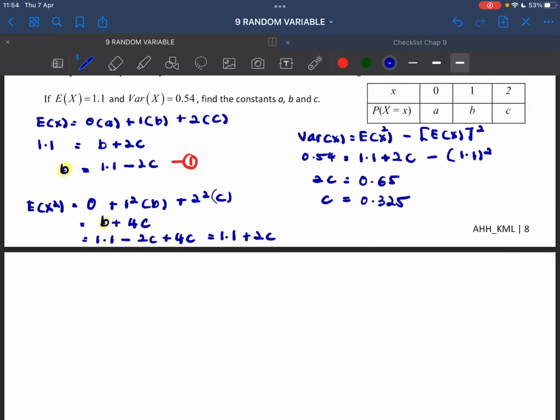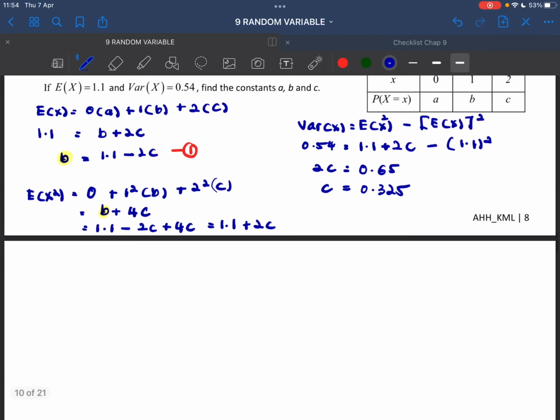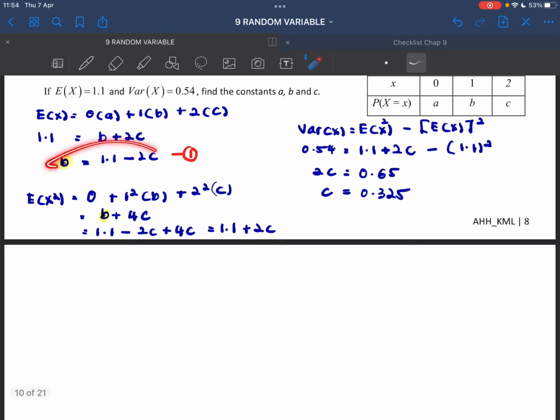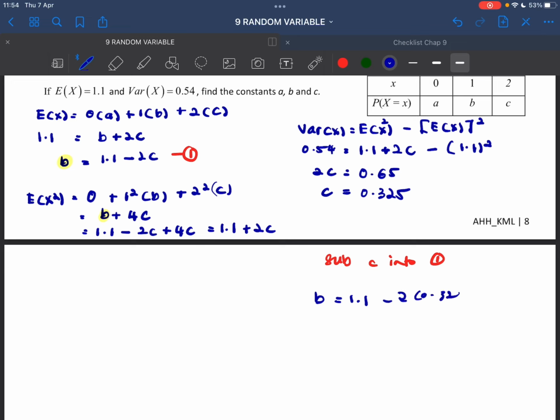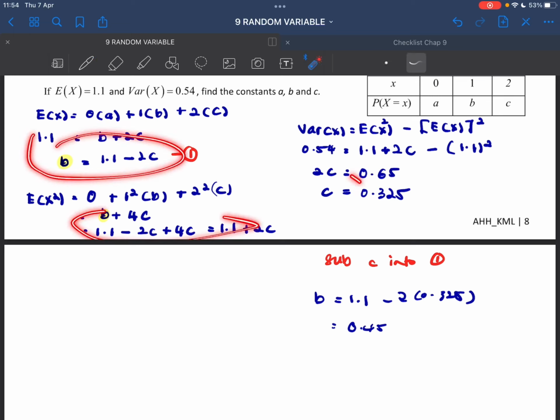Okay, so now you have to find your a and b. For b, we can just substitute back into the first equation. Sub c into 1. So we'll have b equals 1.1 minus 2 times 0.325, which gives b equals 0.45. And now we are left with a. How are we going to find a? There is no a in all the equations that we have been using.